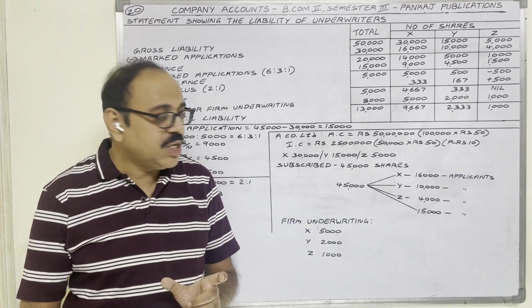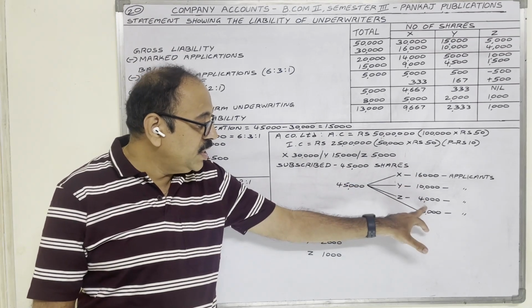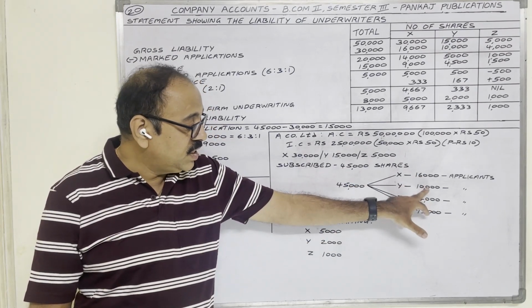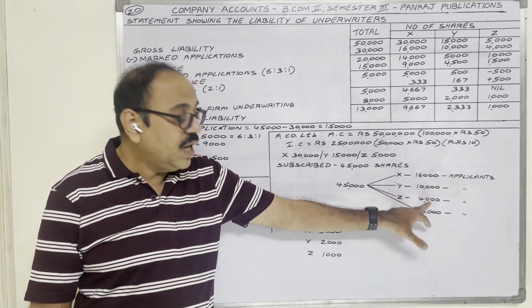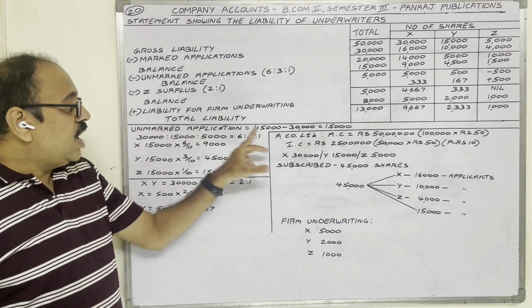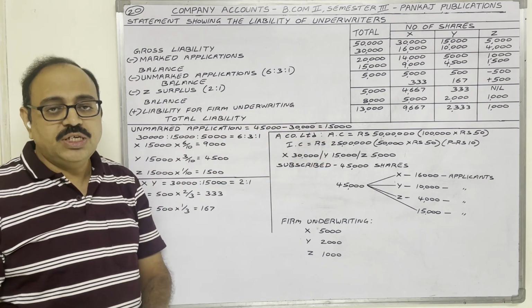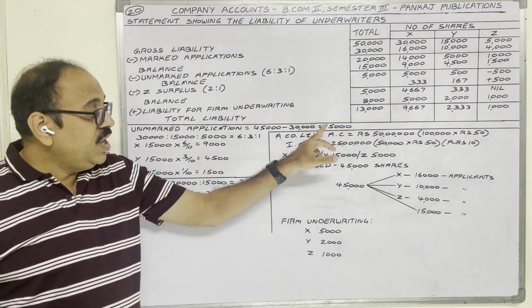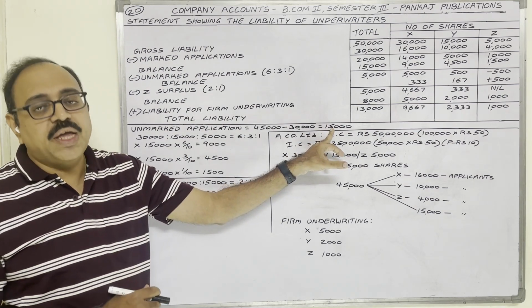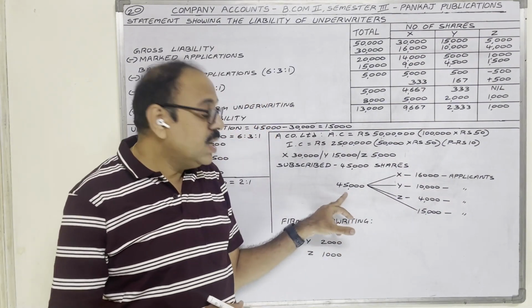So total subscribed shares are 45,000. In that, marked applications are 16,000 plus 10,000 plus 4,000, which is 30,000. Unmarked applications are 45,000 shares minus 30,000 shares, which is 15,000 shares. That means applications for 15,000 shares come directly from applicants to the company.